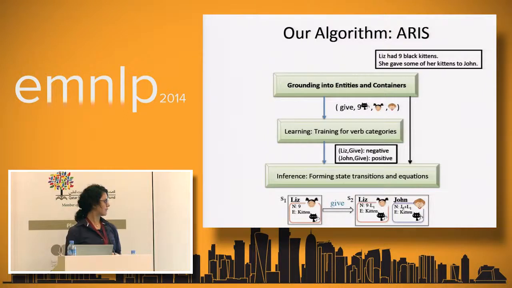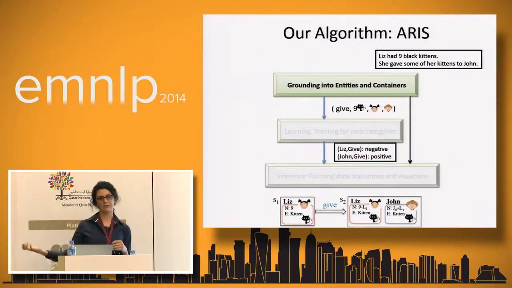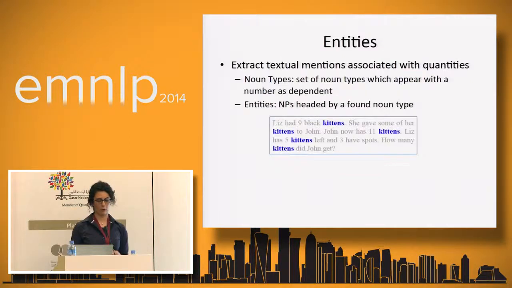Here is the outline of our method. We first look at the sentences, ground them into entities and containers and verbs, and then do training and learn verb categories. And at test time, we perform an inference, update our state transitions, and form the final equations. How do we ground the entities?